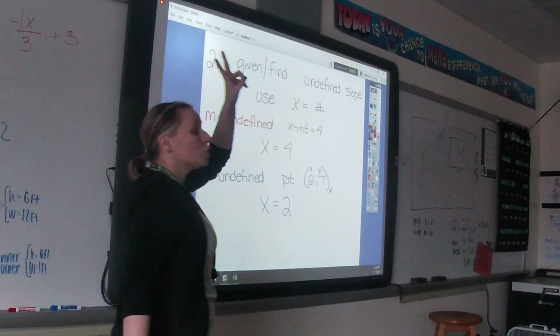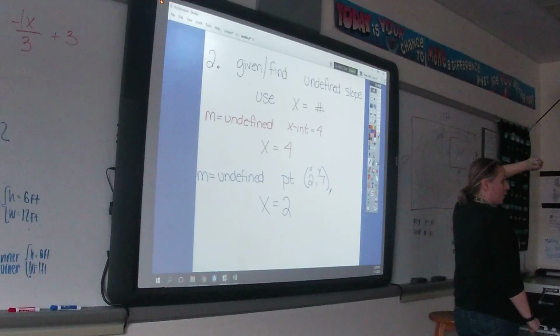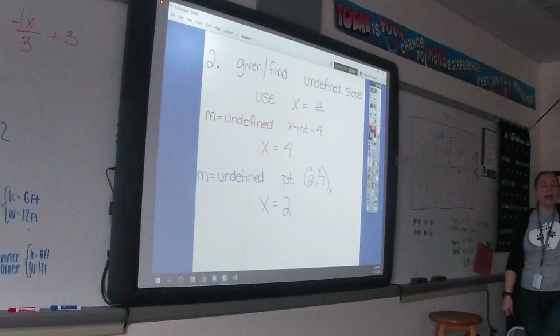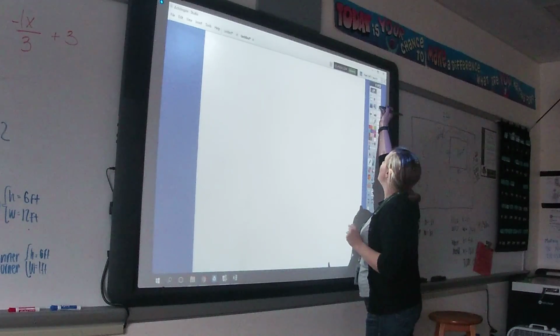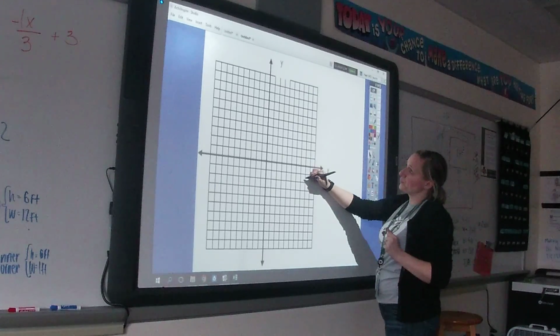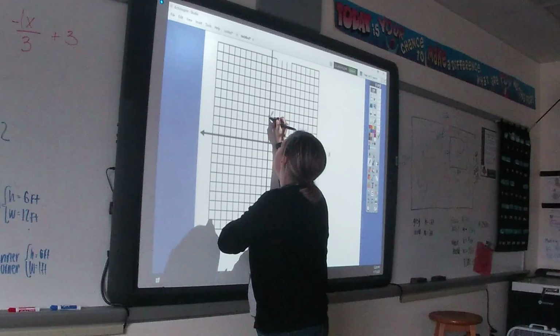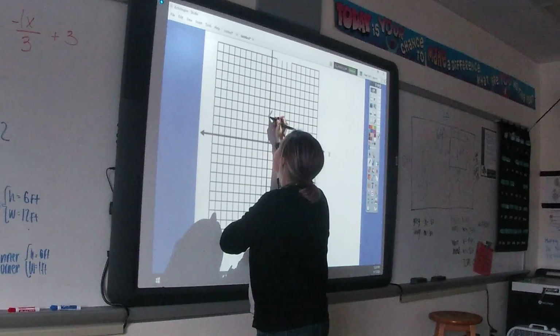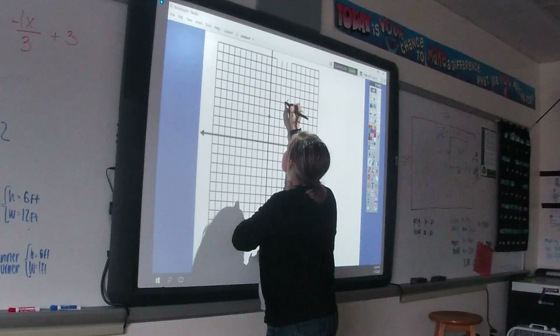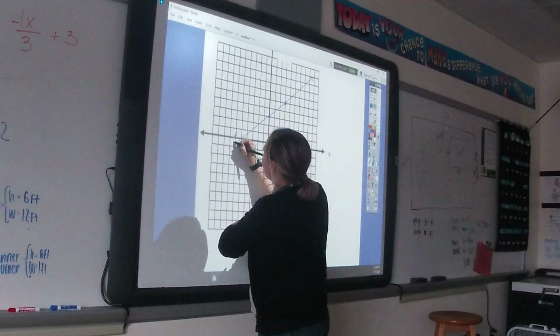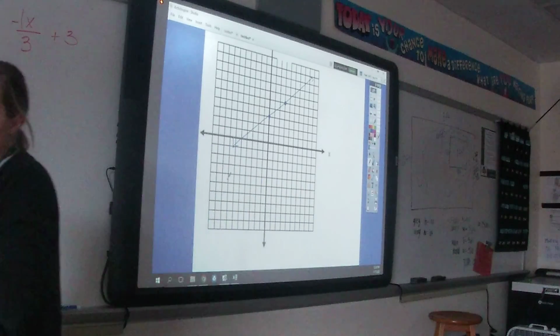Okay, so these are 2 ways that we can write the equation of a line. There are 3 ways. These are 2 of them. So if we take that information and now let's say we're given this. Now I'm making points on my line because I can't draw a perfect line.